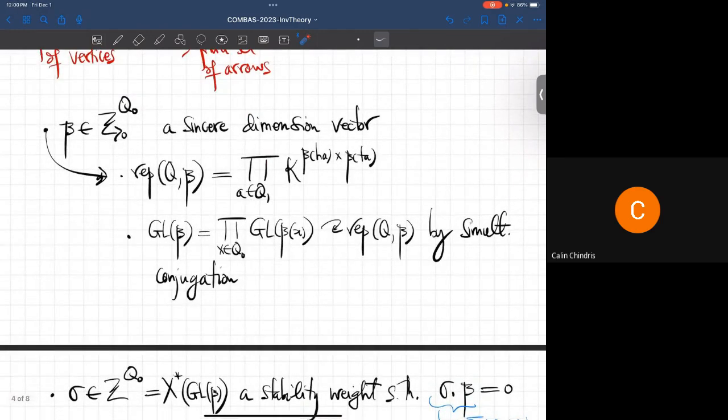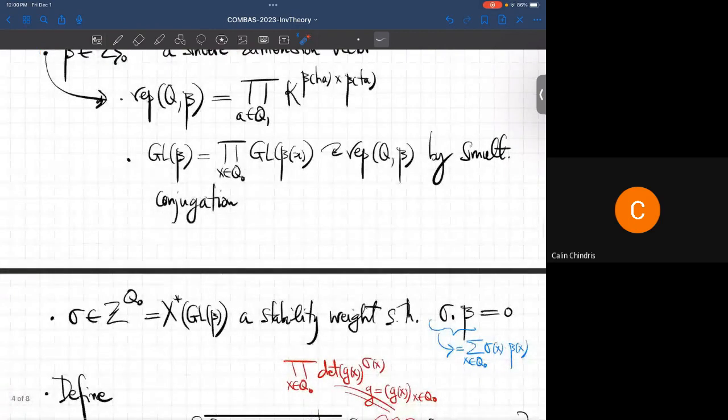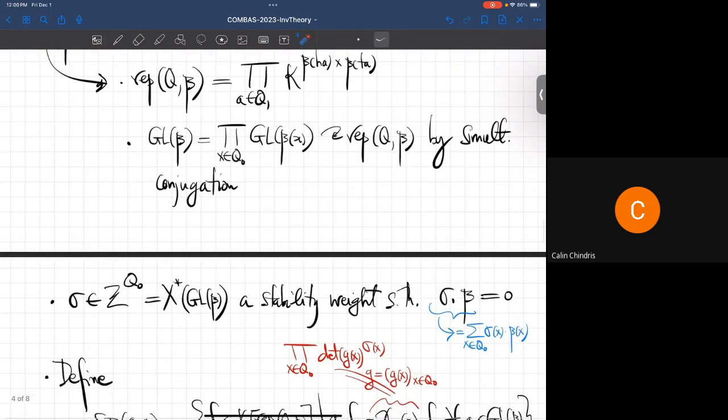So I believe that Maciej mentioned that if Q is acyclic, then the action of GL beta on this representation space is rather boring, because it leads to only constant invariants. However, if you twist this action by means of a character, namely a stability weight, by which I mean an assignment of integers to the vertices of the quiver Q, which can be identified with the group of rational characters of GL beta, then the resulting action leads to some highly non-trivial objects.